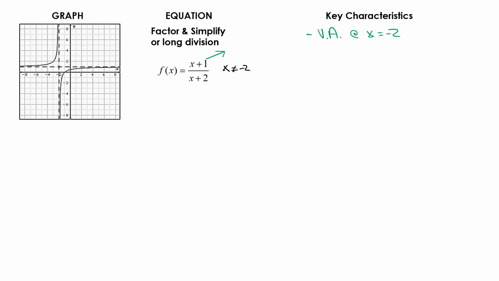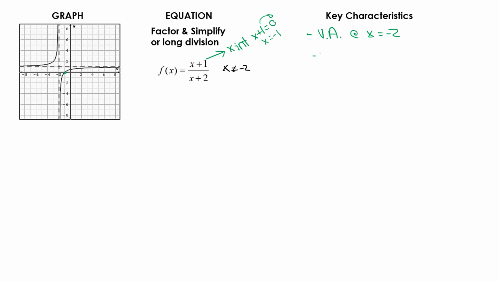Now, what does the numerator tell us? The numerator can tell us the x-intercept. So if I solve that little numerator piece, which is x plus 1, let that equal 0, bring the 1 over, I get x equals -1. So look over at the graph, when x is -1, we have our x-intercept there.